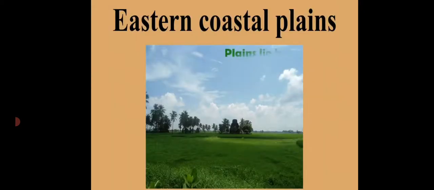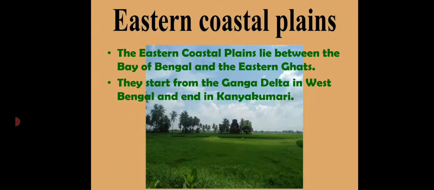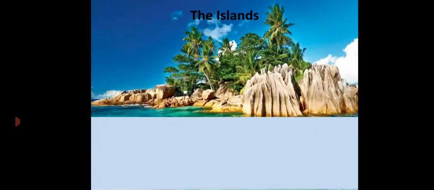Coastal plains. The eastern coastal plains lie between the Bay of Bengal and the Eastern Ghats. They start from the Ganga Delta in West Bengal and end in Kanyakumari. The islands.